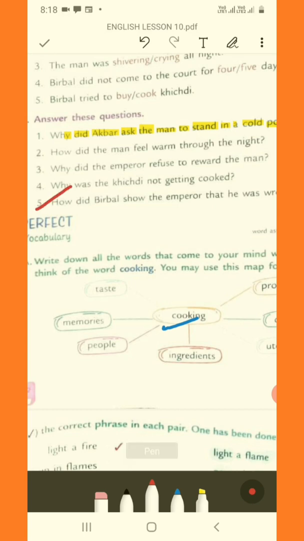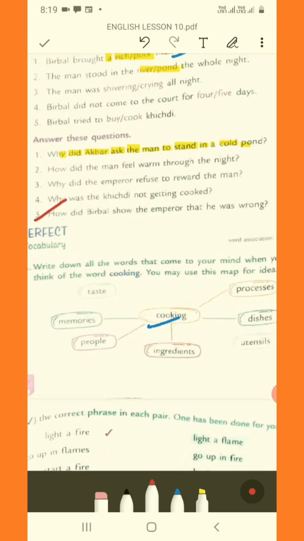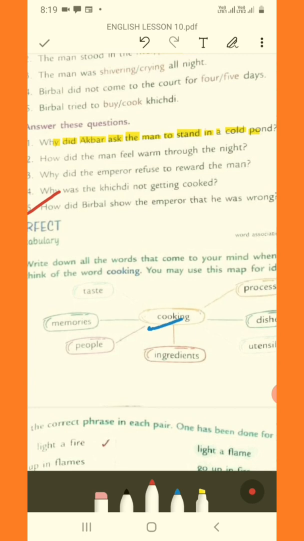How did Birbal show the emperor that he was wrong? In order to show that he was wrong, Birbal lit up a seemingly small fire and fixed the pot, putting rice and dal very high above the flame. With the little flame that he had lit, it would take a number of days for the khichdi to get cooked.